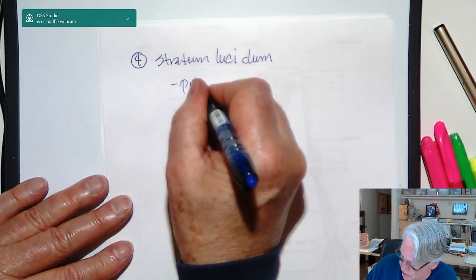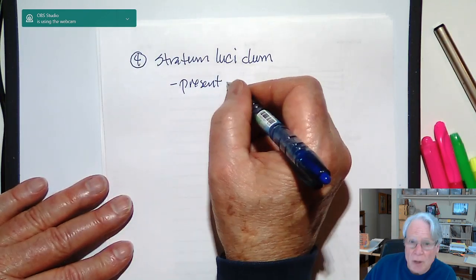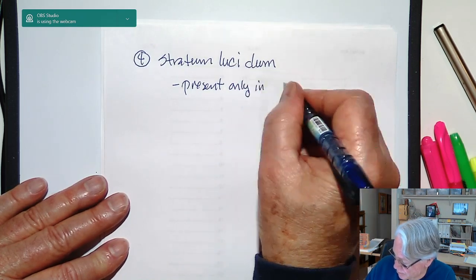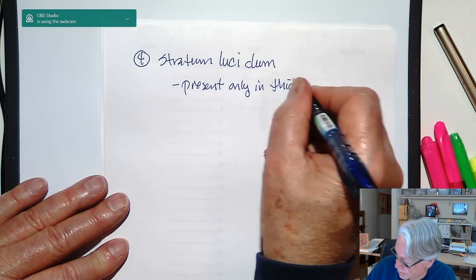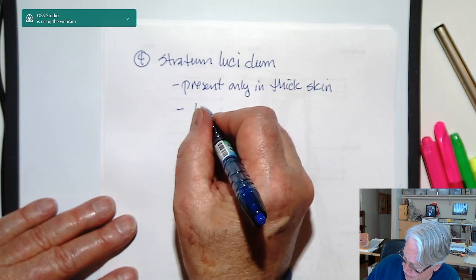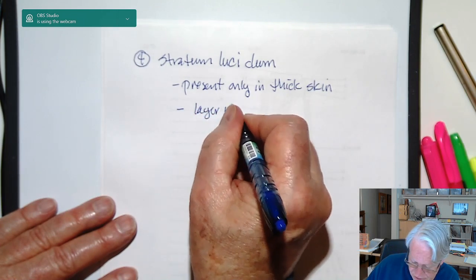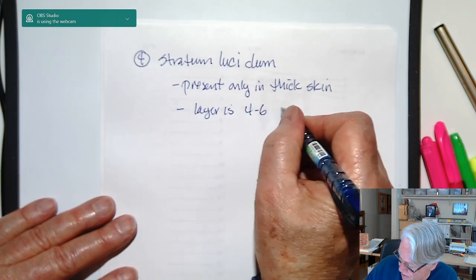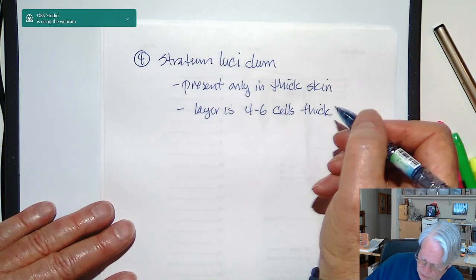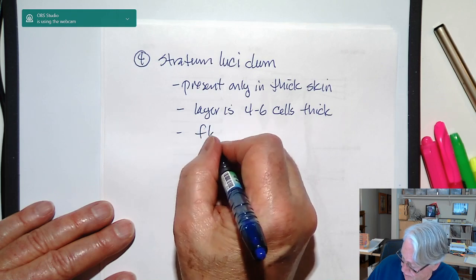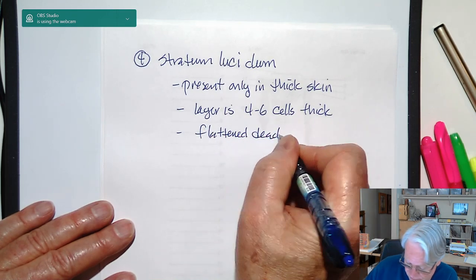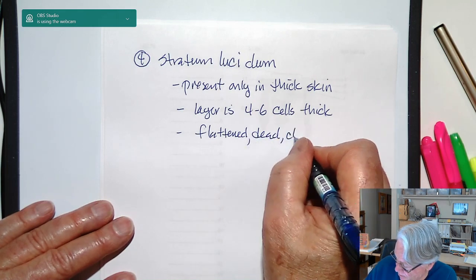And this layer is present only in thick skin. And this layer is 4 to 6 cells thick. These are flattened, dead, and clear.